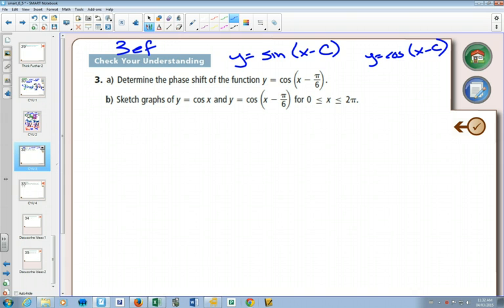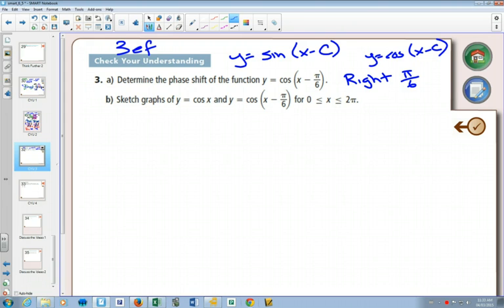So all we have to think about, well, it's the opposite, right? If I have a minus pi over 6, that's going to move it right pi over 6. And then we can figure out what the graph is going to be.